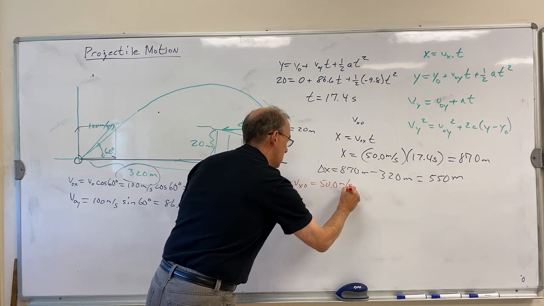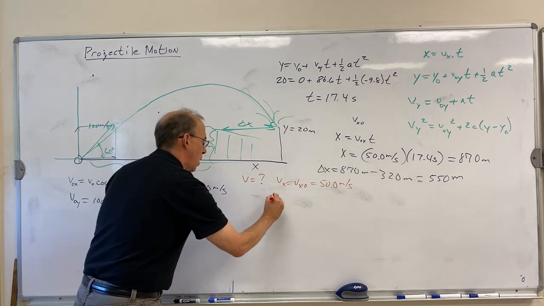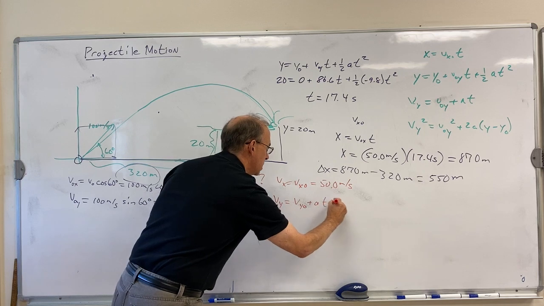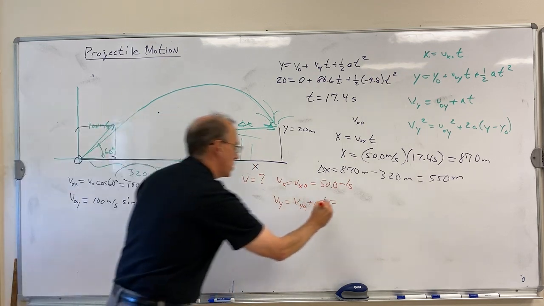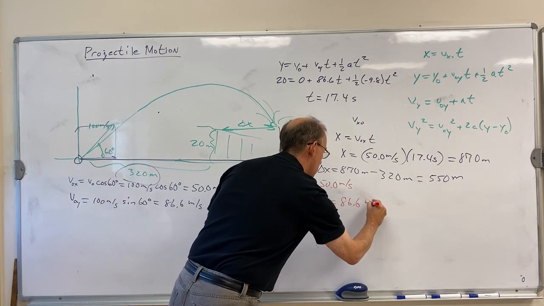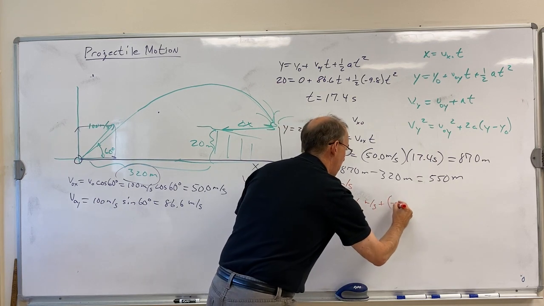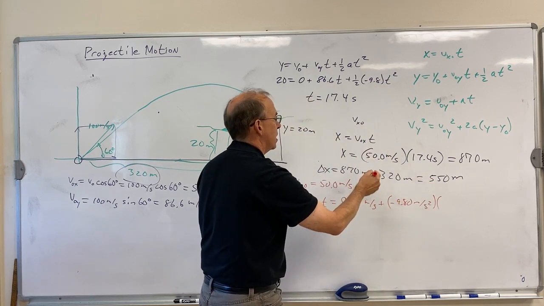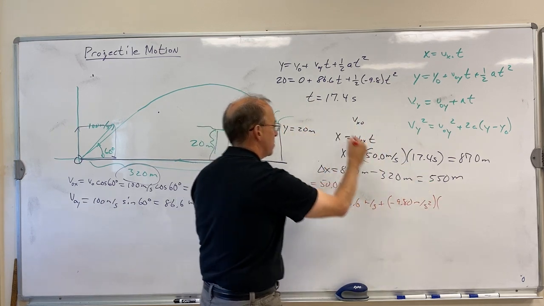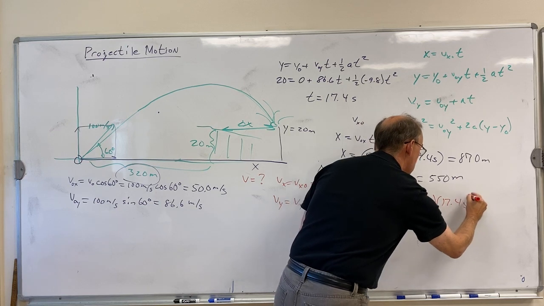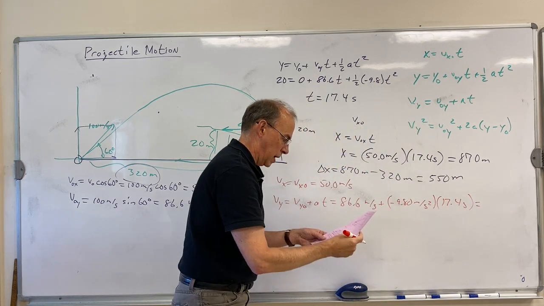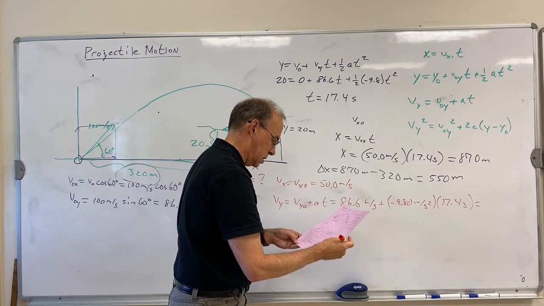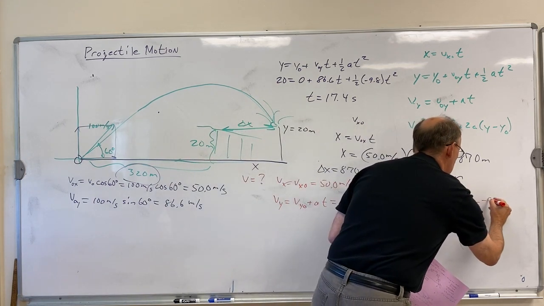Vy is Vy naught plus at, is 86.6 meters per second plus minus 9.8 meters per second squared times our time, 17.4 seconds. So that is, Vy is minus 84 meters per second.